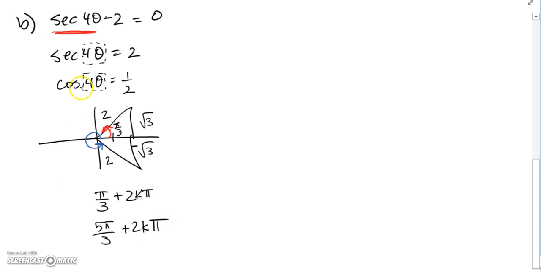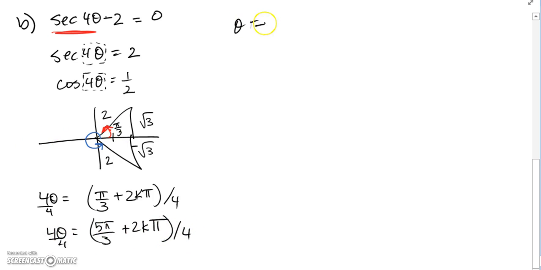And those are basically what 4 theta equals. So we've just unlocked 4 theta. And I can divide them by 4. So divide both sides by 4. And we get theta equals pi over 12 plus, I guess, k pi over 2.